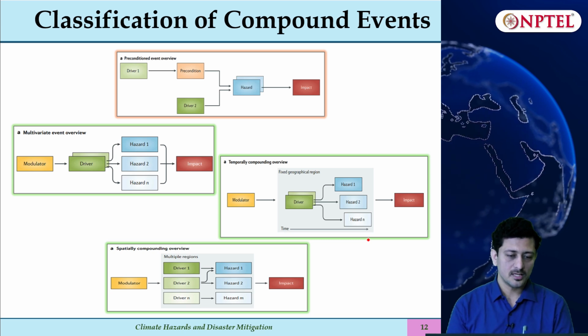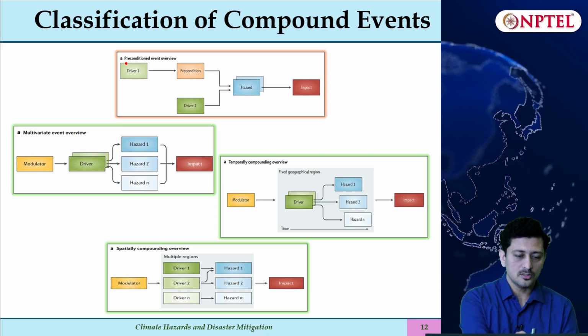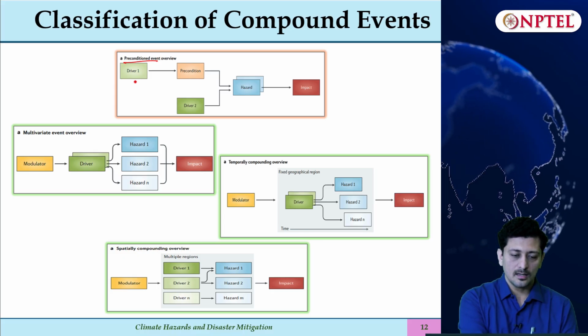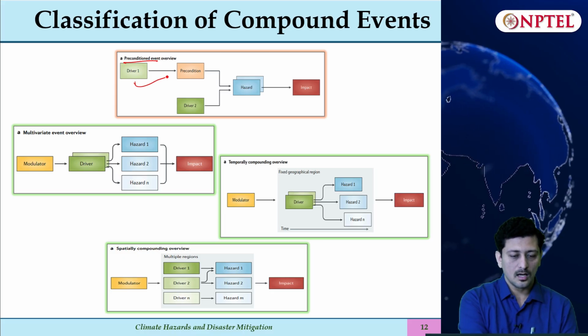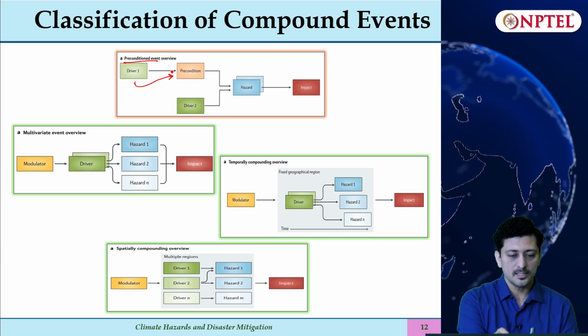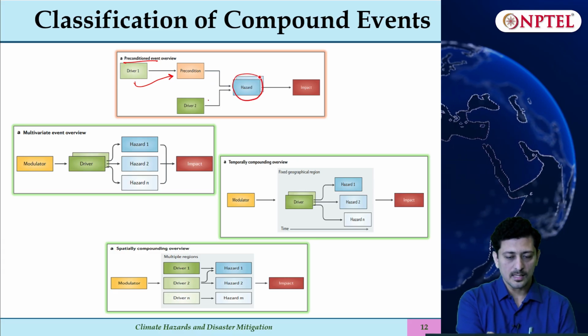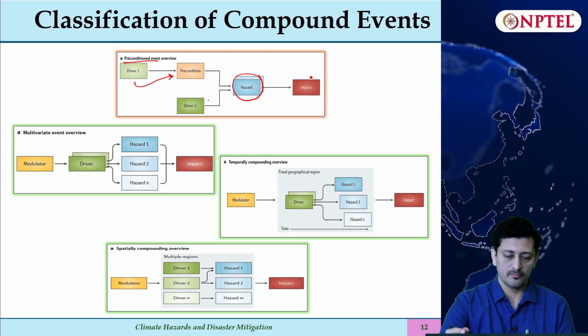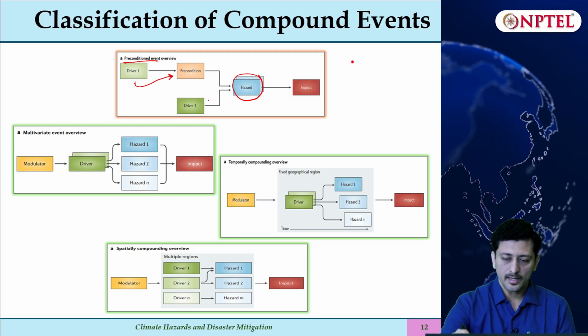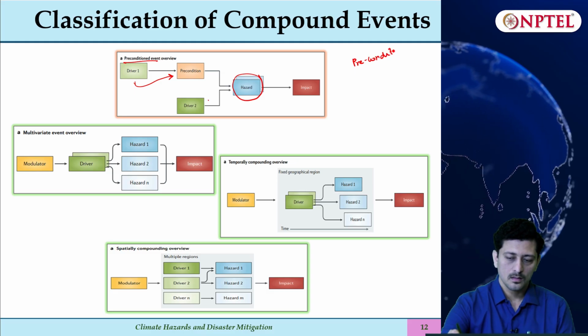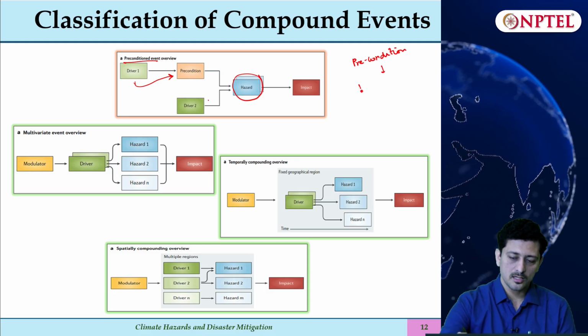So the very first classification is the preconditioned event. What are preconditioned events? In a preconditioned event, there is a driver which interacts with a certain precondition, and there is another driver. Both of them combine to create a hazard, and that has a large impact. For example, let us consider the precondition to be higher soil moisture.